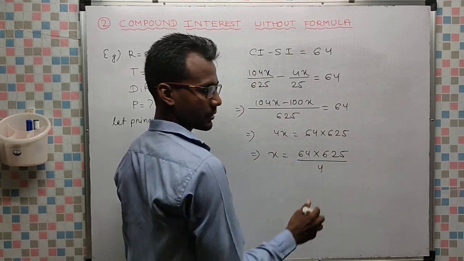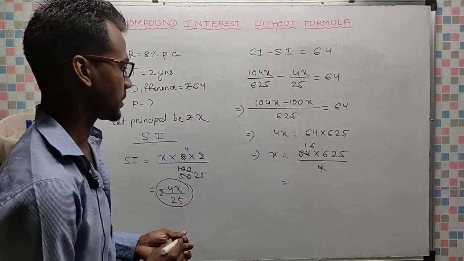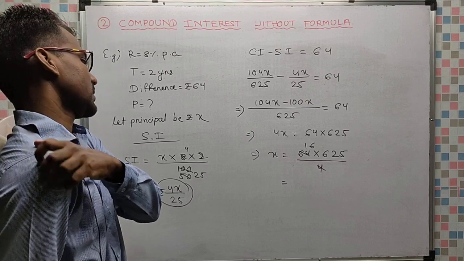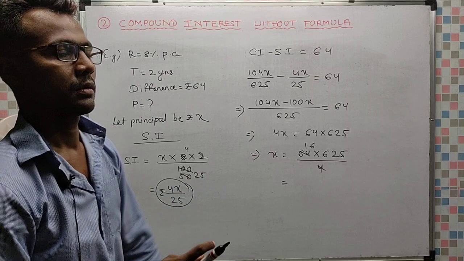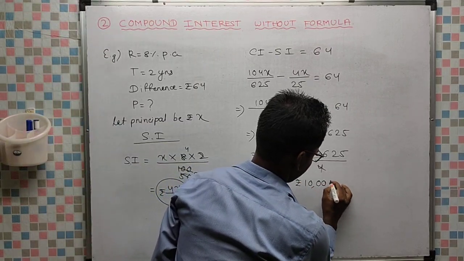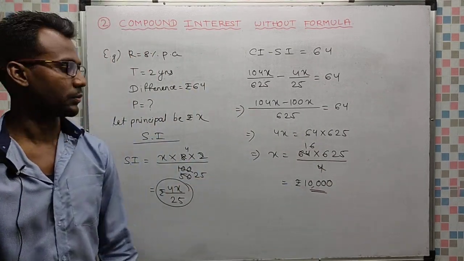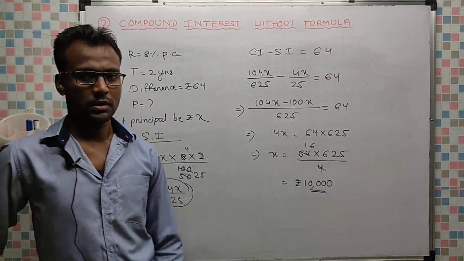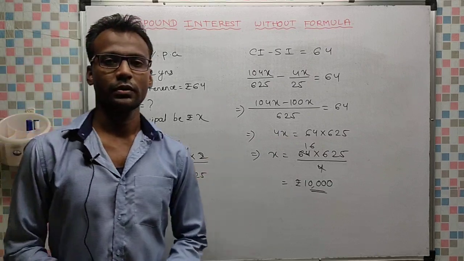That is 16 into 625, which is 10,000. So the original sum is rupees 10,000. In this way we can solve this question. I hope you have understood this video, part 2. This is the end of part 2. Thank you for watching.